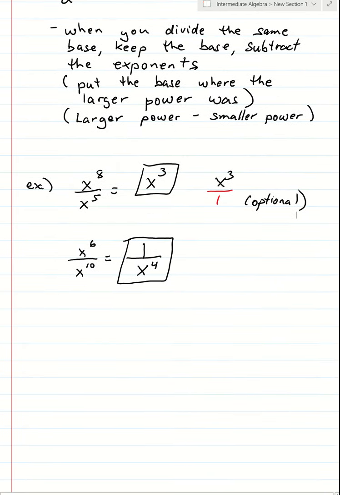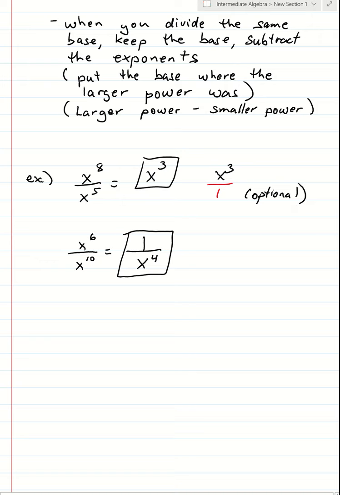Let's try another one. Let's say we had x to the 5th, y to the 10th, over x to the 3rd, y to the 14th, and we want to simplify this. Well, let's take a look at my variables.